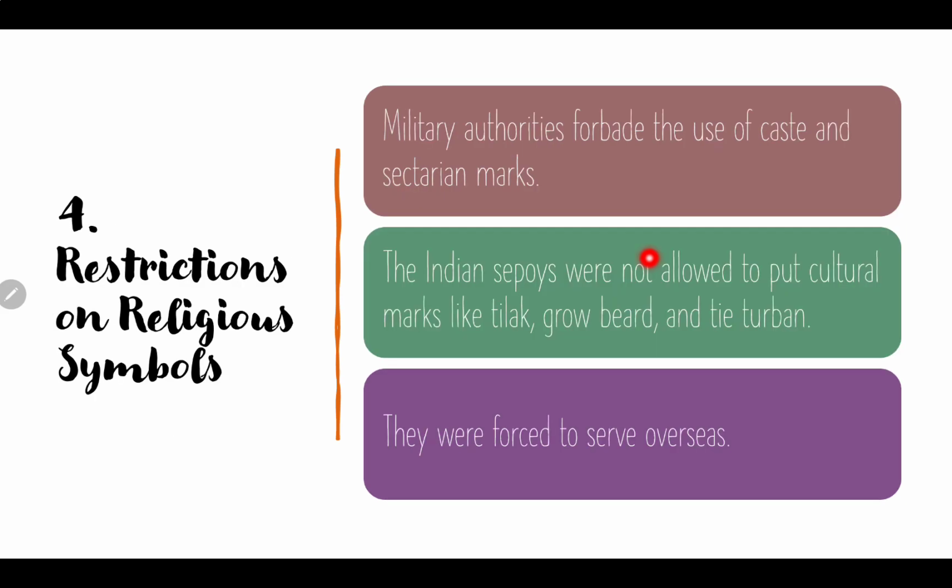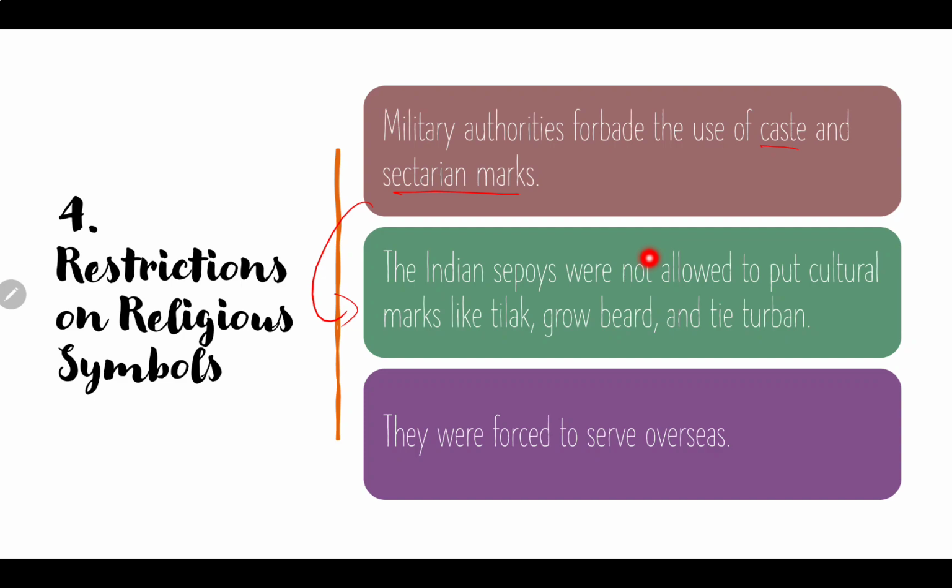Restriction on religious symbols. Military authorities forbade the use of caste and sectarian marks. Now, sectarian marks, let's understand. In this second rectangular box, we can understand what sectarian marks are. The Indian sepoys were not allowed to put cultural marks like tilak, grow beards, and tie turbans. This is called a sectarian mark.